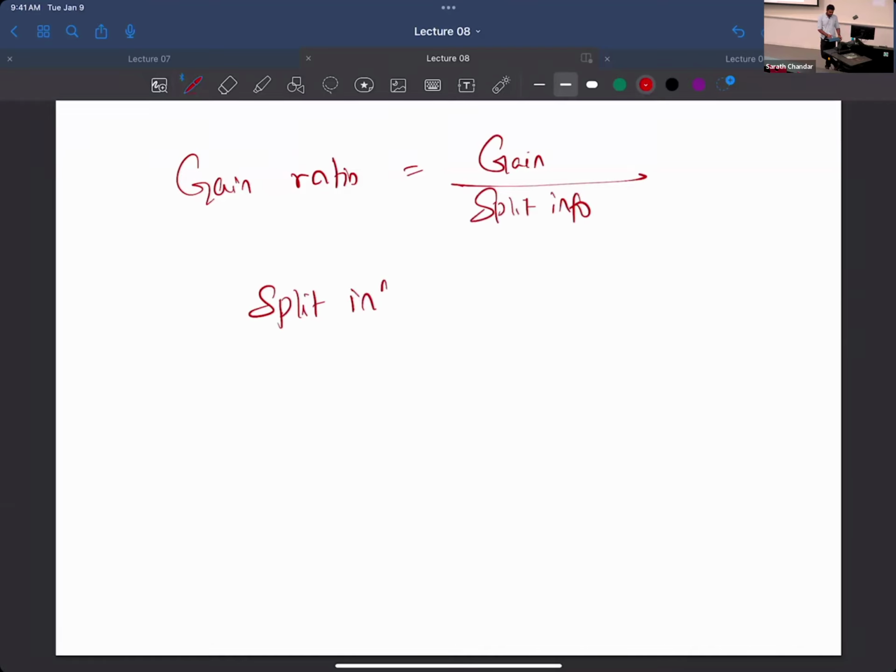Split info is given by minus summation i equal to 1 to k, n_i by n log n_i by n. This is basically considering whether you are having minimal splits with more items per split. You want a lesser number of splits and more examples in each split. So this is taken care of by this denominator. Is that clear?